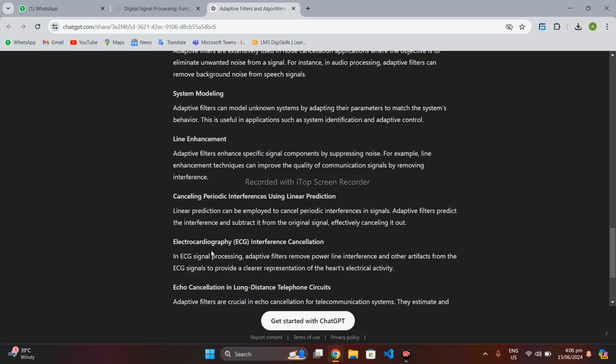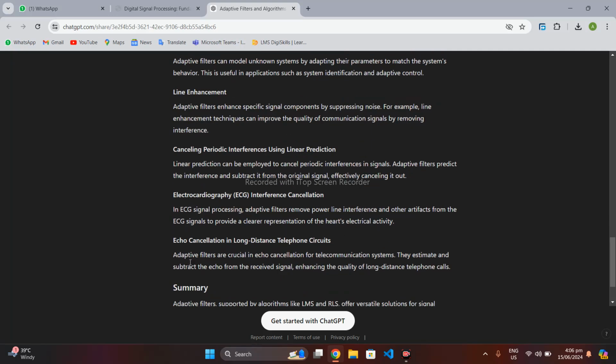Electrocardiography, meaning ECG interference cancellation. In ECG signal processing, adaptive filters remove power line interference and other artifacts from the ECG signals to provide a clearer representation of the heart's electrical activity.